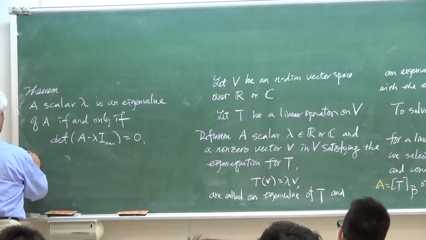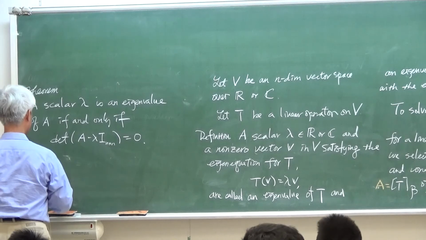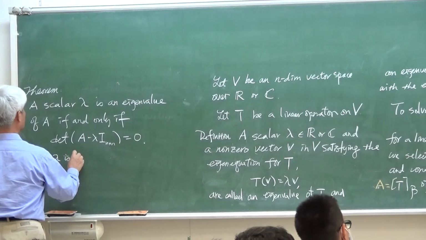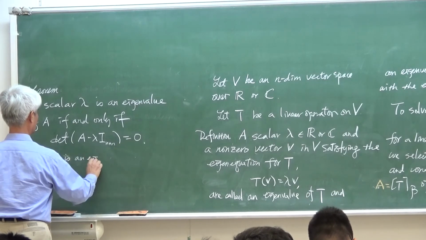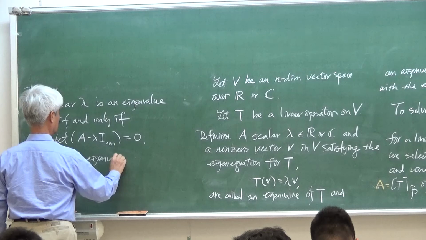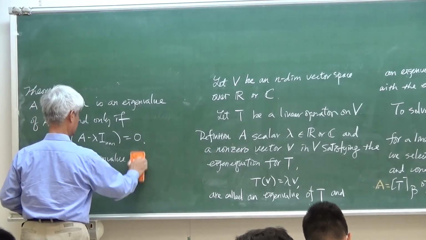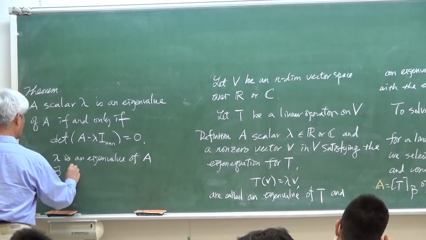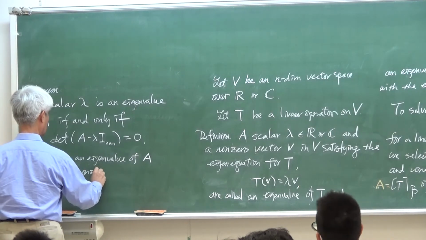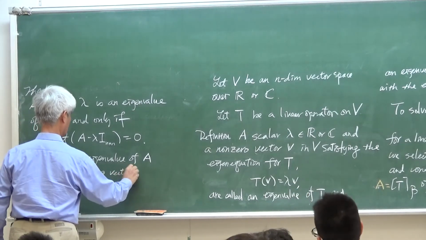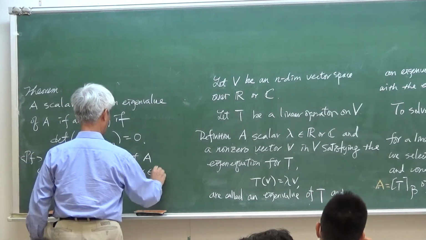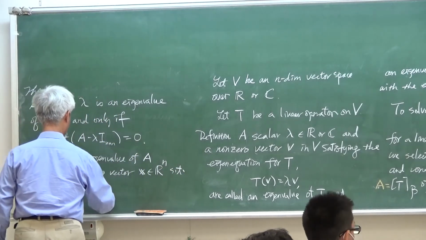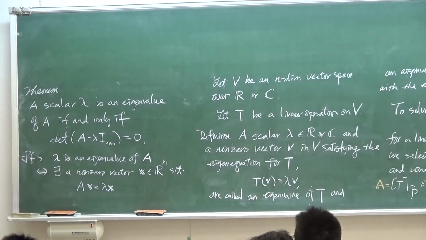And the proof is that λ is an eigenvalue of A if and only if there exists a nonzero vector x in Rⁿ such that Ax = λx. This is the defining condition.